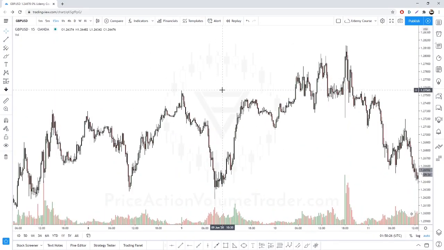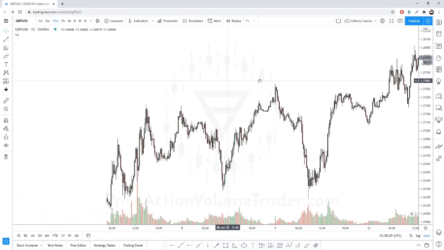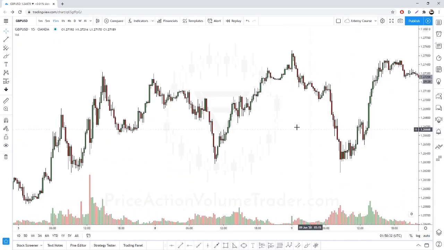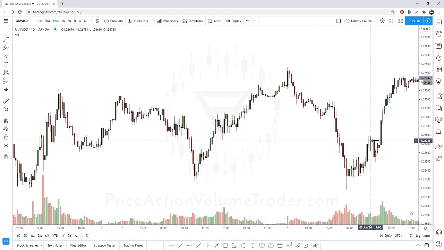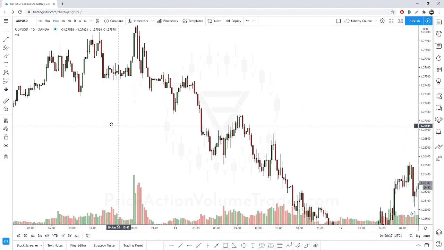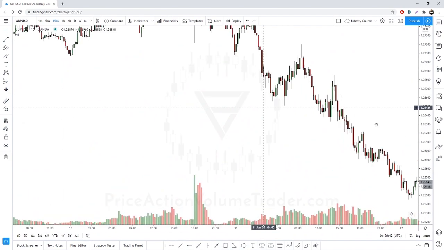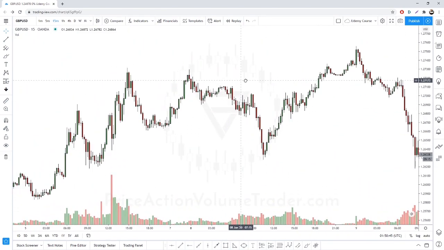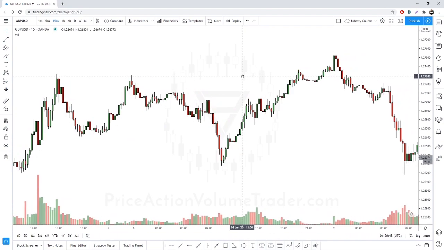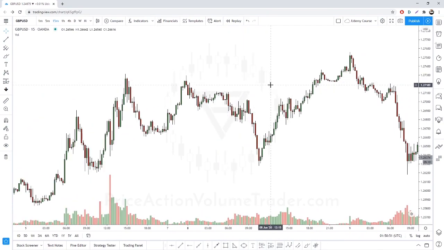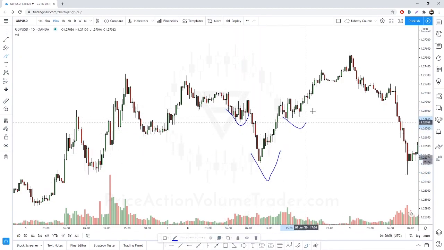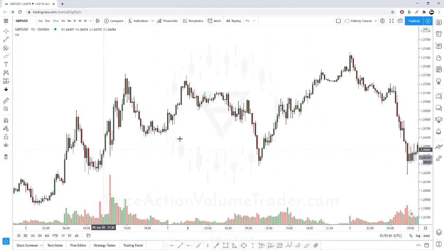Here we're going to June 8th. We have this here. This is similar to the previous one, however, this was more like an inverted head and shoulders, but it had the same concepts.